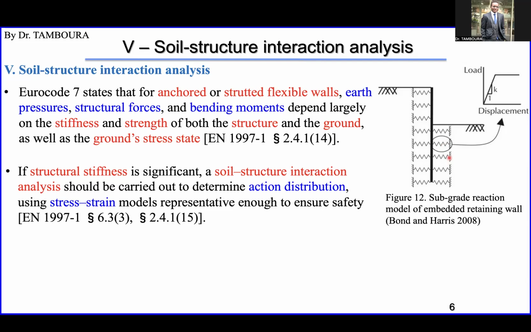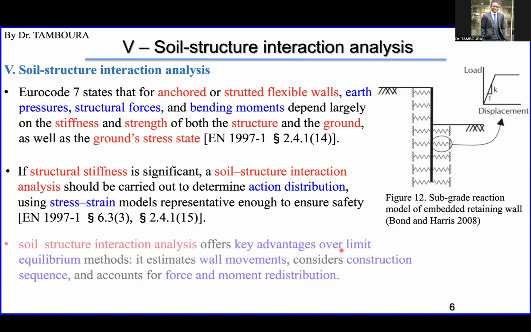If the structure is very stiff, then you cannot neglect the soil structure interaction analysis. You have to do that to determine the action distribution using a stress strain model, to make sure that the safety is guaranteed.